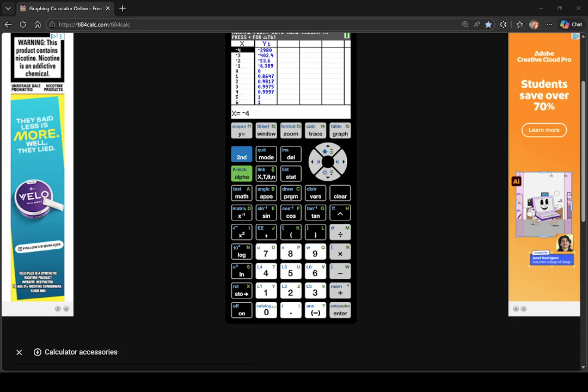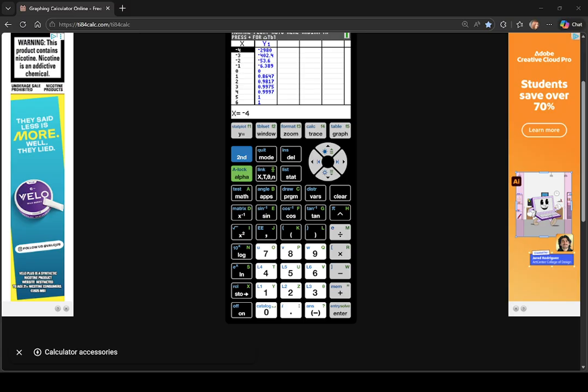At 1, we have 0.86. And at 2, we have 0.98. At 3, we have 0.99. Really, that would round to 1. So we'll round it to 1 perfectly.